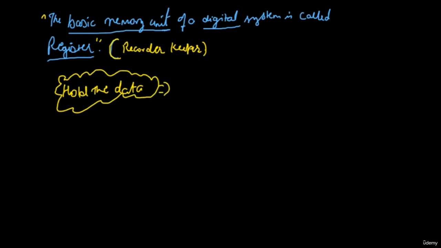I don't want to store something that I cannot see again. So I have to store it in such a way that I can retrieve that data again whenever we require.